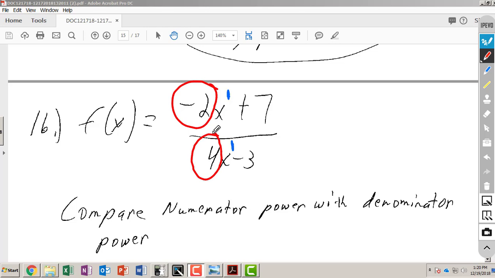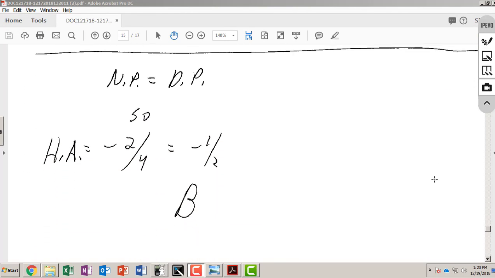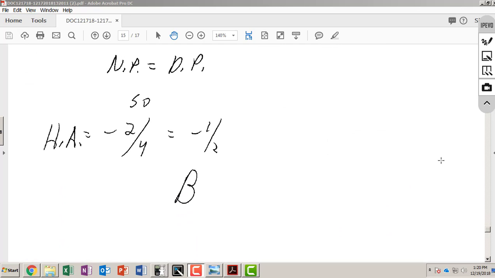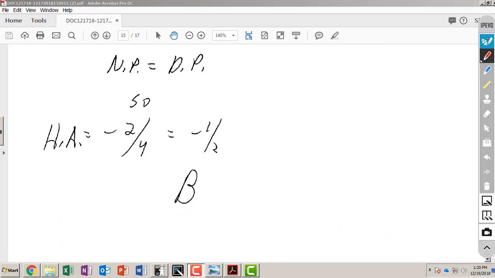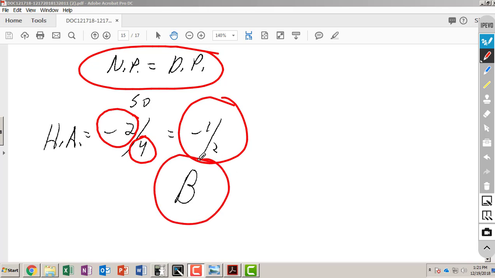Your leading coefficients are the first numbers that come up. So that matched my second rule. If you remember right, that was -2 all over 4. So my horizontal asymptote would be at -1/2. So that answer is B.